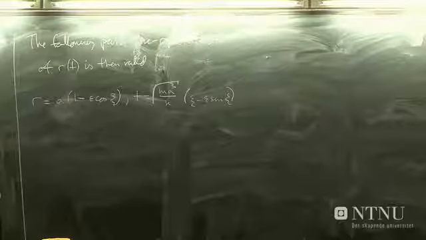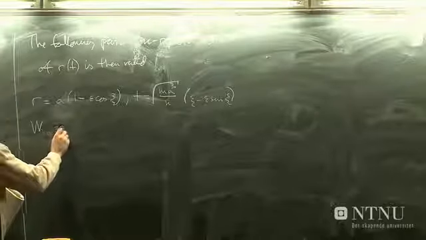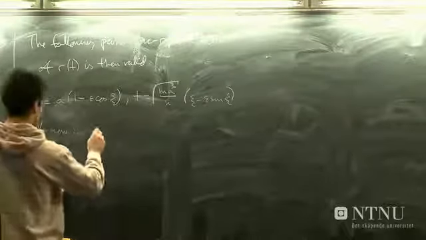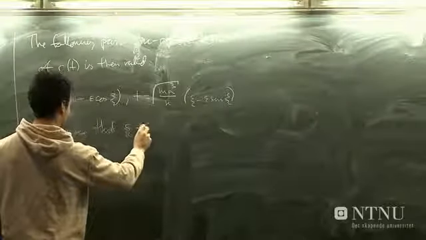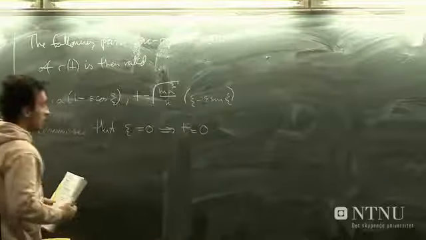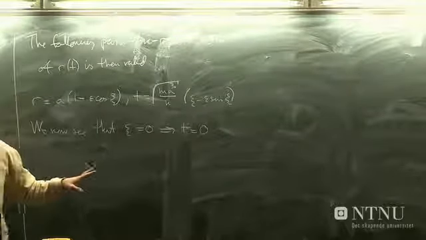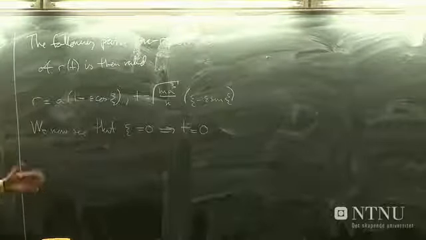So by choosing the initial conditions in such a way that this constant is 0, we now see that xi equals 0 corresponds to 0 time, to sort of the original time for our system.